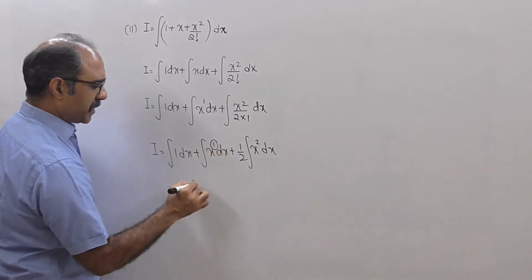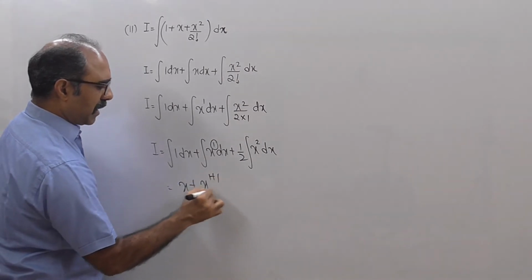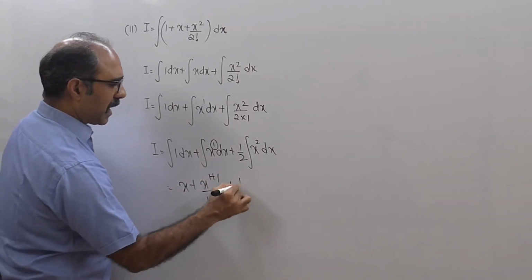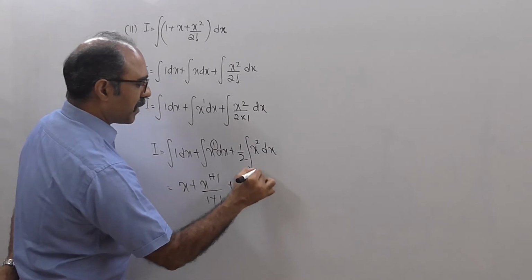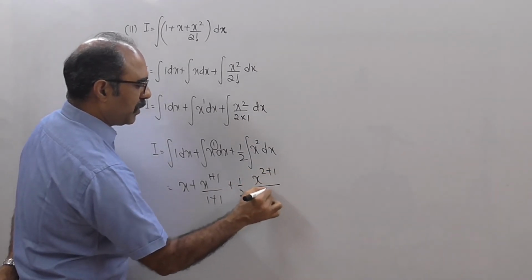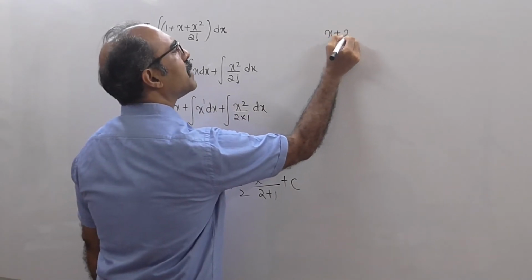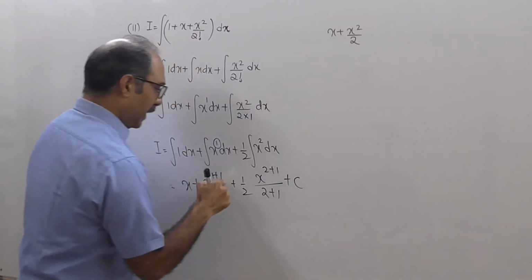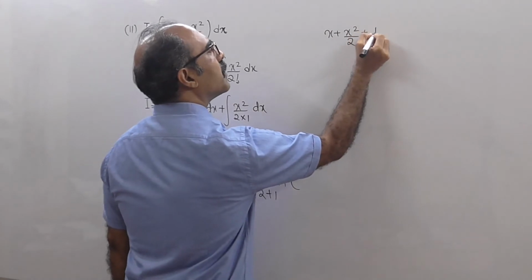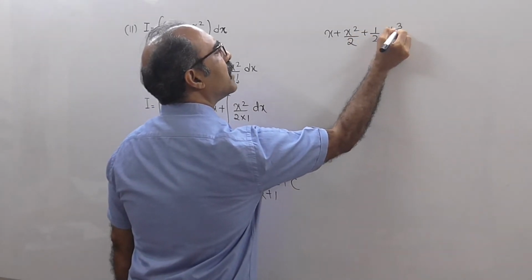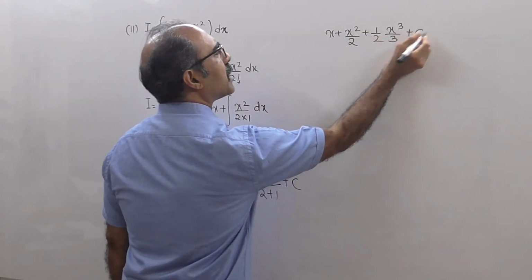This is a power function. Power function means x raised to 1 gives 1 plus 1 upon 1 plus 1, and x square gives 2 plus 1 upon 2 plus 1, plus c. So we get this as x plus x square upon 2 plus half x cube upon 3 plus c.